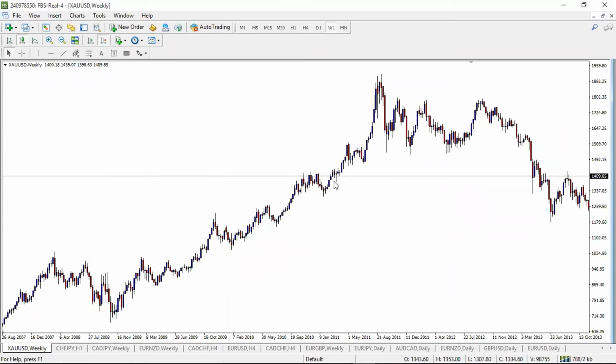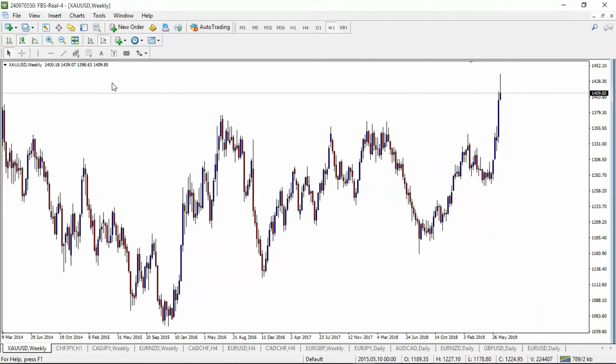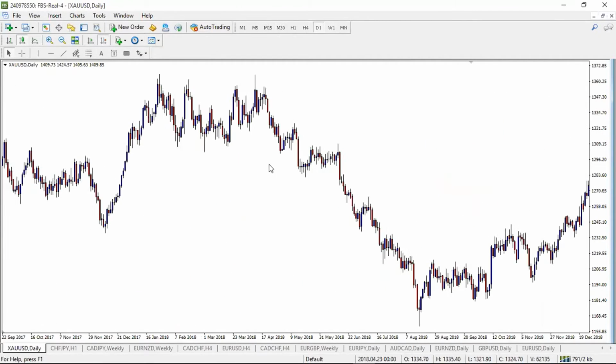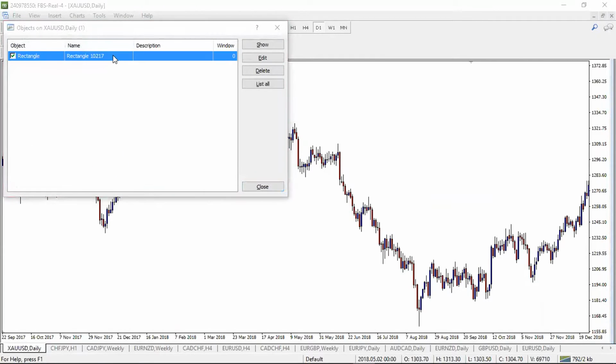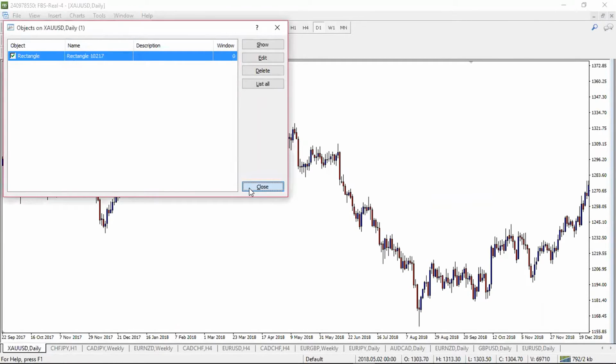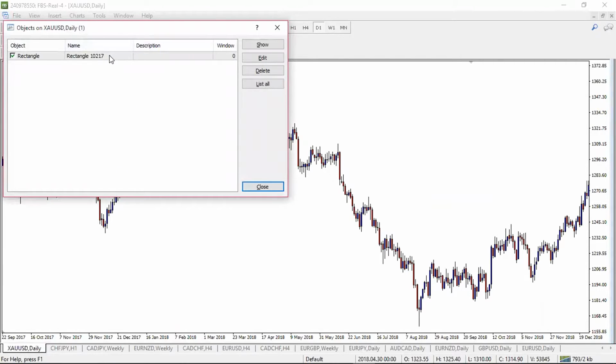But then you also have consolidation phases where the market is without a trend, where you have something like this.